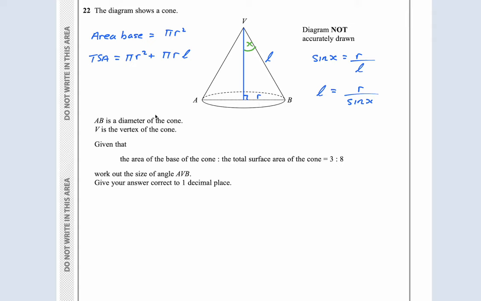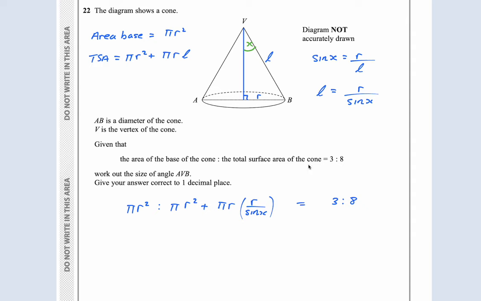Okay, now this is where it gets tricky. Well, it's already got tricky, but let's do the area of the base, pi r squared, to the total surface area, which is pi r squared plus pi r L. Now instead of L, I'm going to put r over sine X, because we figured out L is r over sine X. So this to this is equal to 3 to 8.